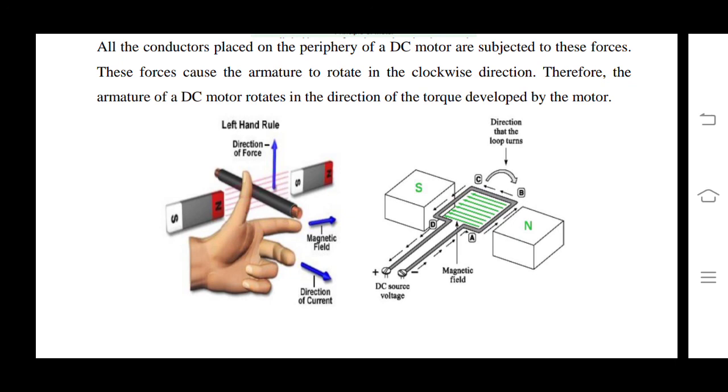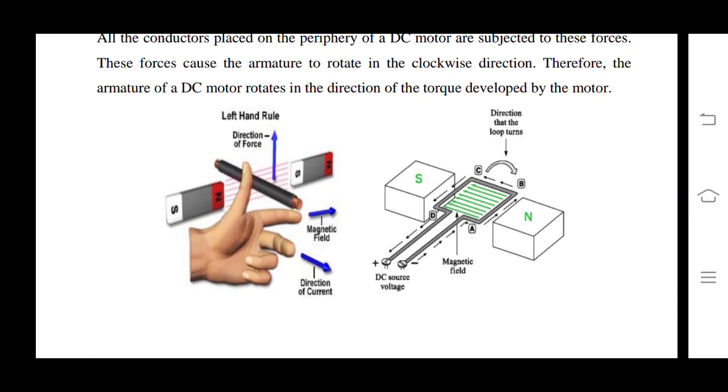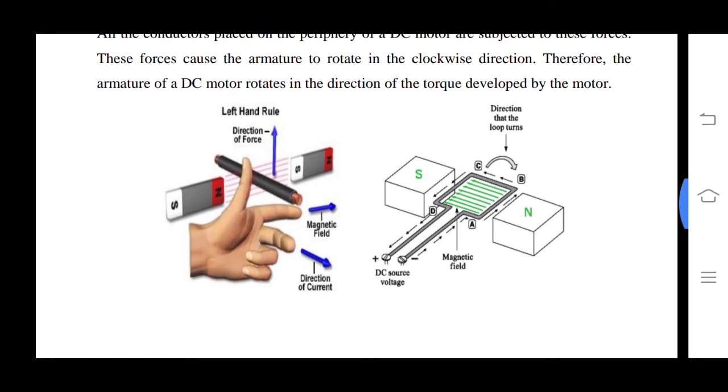In place of the commutator, if you use slip rings, the conductor which comes under the north pole is cross for half a cycle and dot for the other half cycle. Because cross and dot alternate every half cycle, the machine produces a bidirectional torque, so the machine will not rotate.